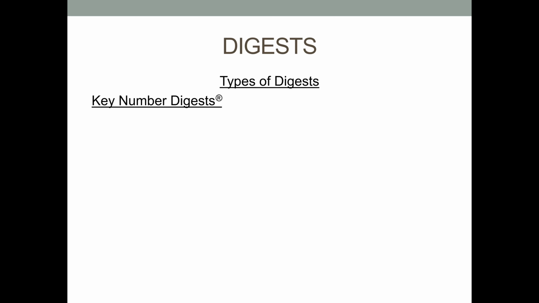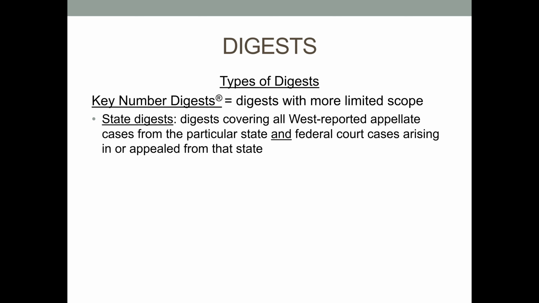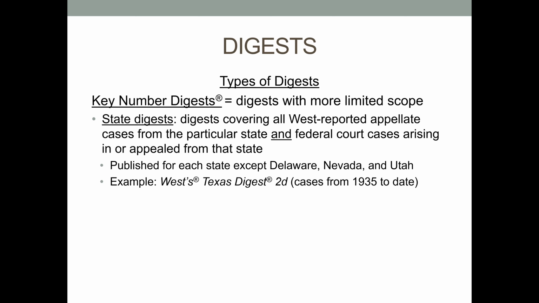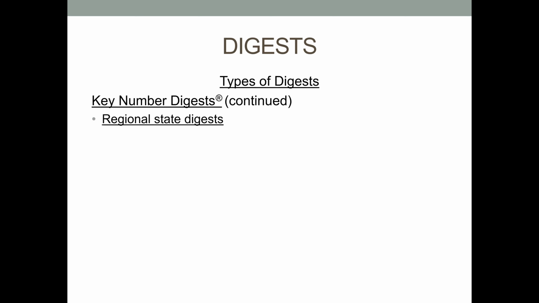A smaller scoped series of digests, as I mentioned, are the key number digests. And these would include digests devoted to the law of a particular state, like Texas Digest. West has published these state digests for every state in the union except Delaware, Nevada, and Utah. And Texas Digest is one example.